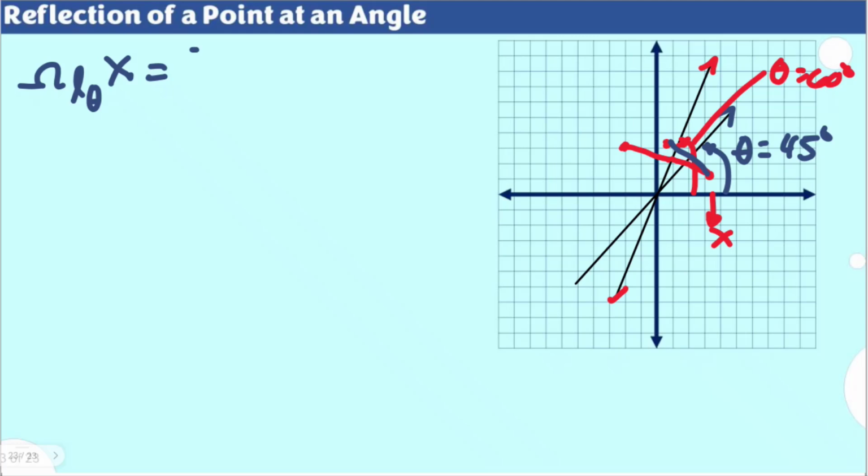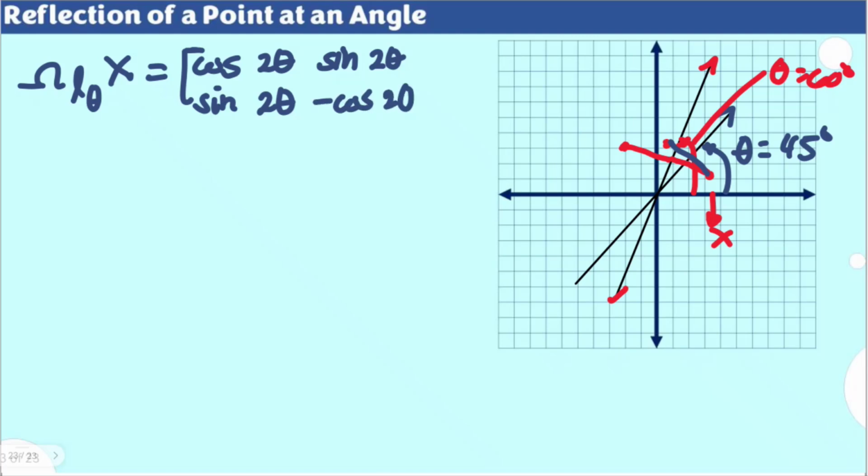We have here a 2 by 2 matrix: cosine 2 theta, sine 2 theta for the first column; then sine 2 theta and minus cosine 2 theta. This will be multiplied to the components of x, being x sub 1 and x sub 2, in matrix form.